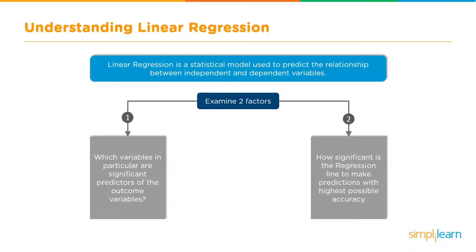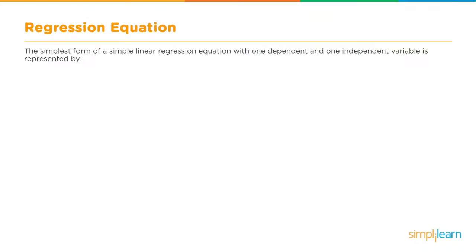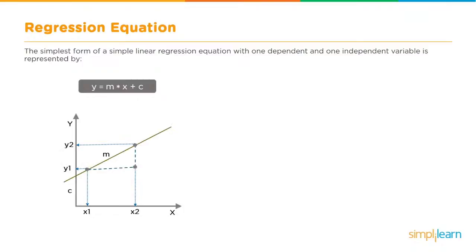Since linear regression is based on drawing a line through data, we're going to jump back and take a look at some Euclidean geometry. The simplest form of a simple linear regression equation with one dependent and one independent variable is represented by y = mx + c. If you look at our model here, we plotted two points on here, x1, y1 and x2, y2.